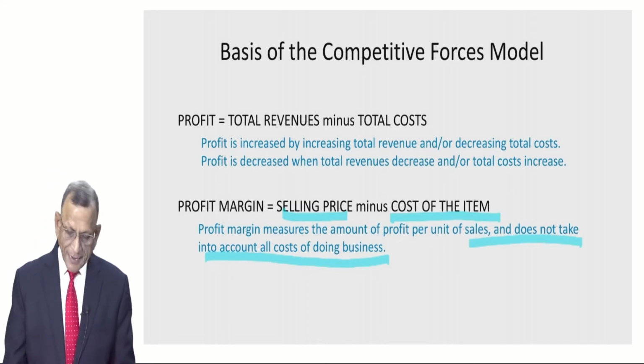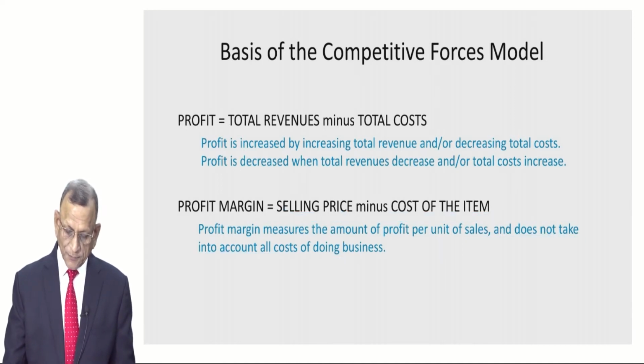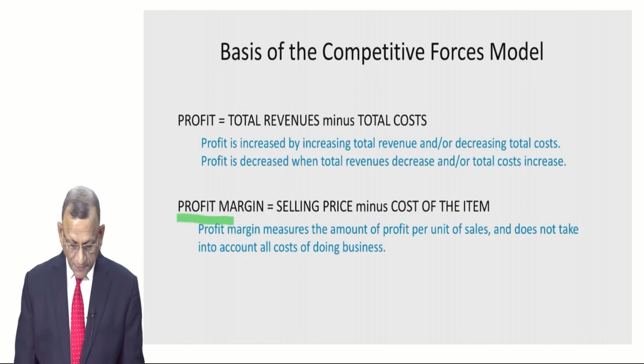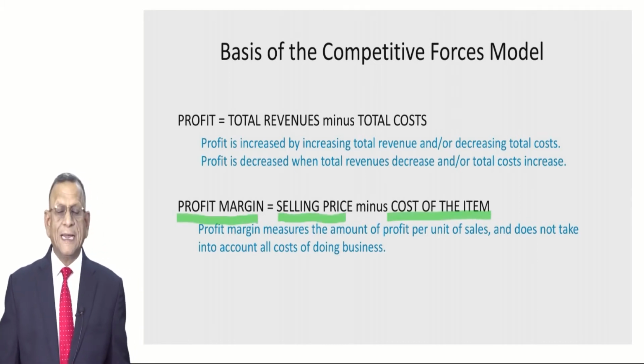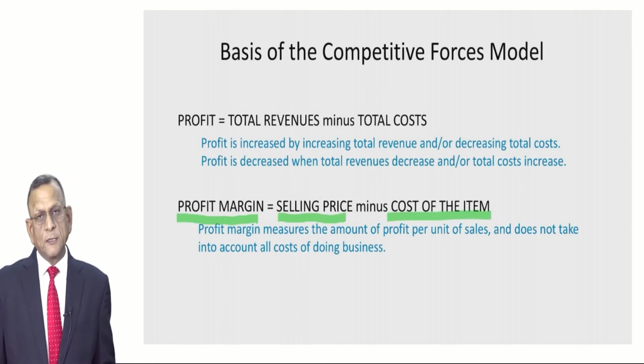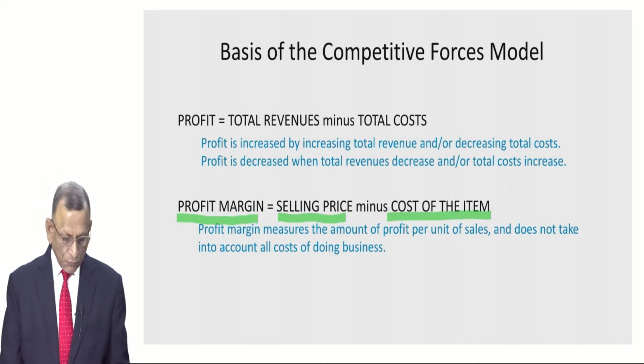But when we talk about the profit margin, then obviously we are talking about the marginal part of it. It's profit margin: selling price minus cost of item. Now we are not considering the cost of running the business. So 2 factors are there. One is profit, another is profit margin.